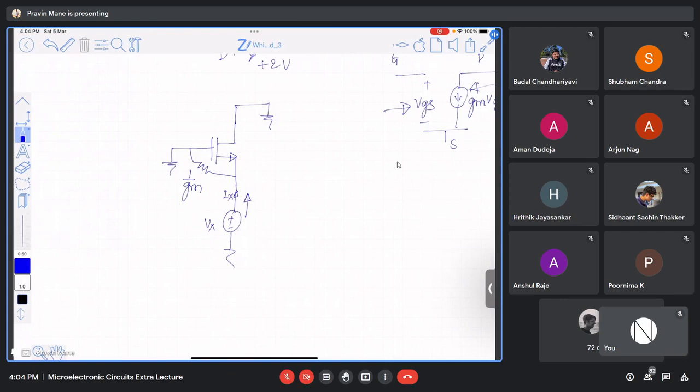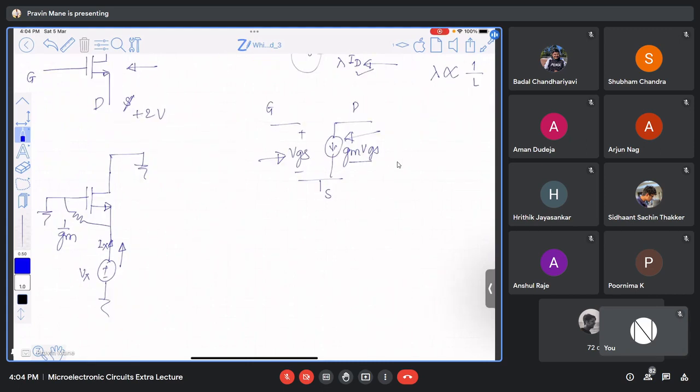Remember that there is no external resistance like 1 by gm connected, but the effect of what is happening here is that if I change VGS, the current through this will change. All are removed in the calculation of resistances, both AC and DC. In calculation of gain, it is not done in that way. I will come to that point.